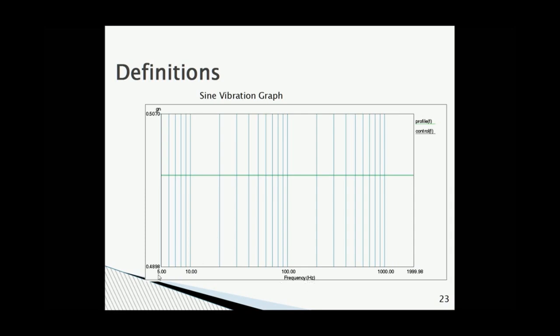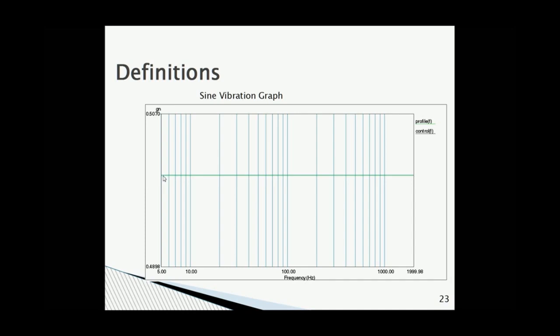Now this graph goes from 5 to 2000 hertz. Well, if you round this value up, it's 2000 hertz. And here is your profile, which for this test is a constant amplitude or constant G level at 0.5 Gs.